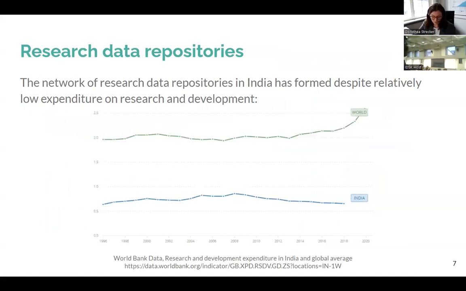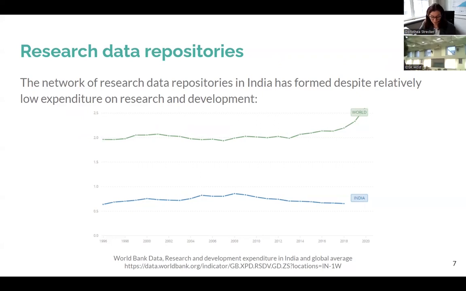And I also want to note that a fact that I found very interesting is that this comprehensive network of research data repositories has formed despite relatively low expenditure on research and development in India. For example, in 2018, India spent 0.66% of its GDP on research and development compared to the global average of 2.2%.